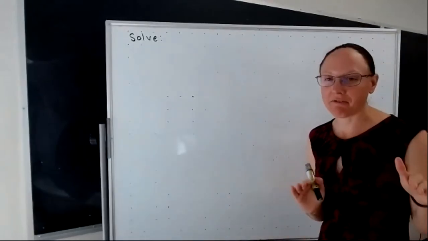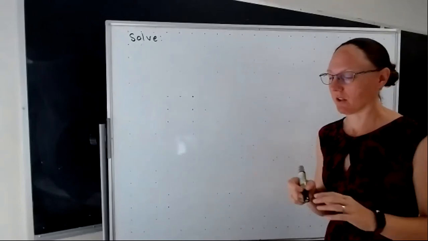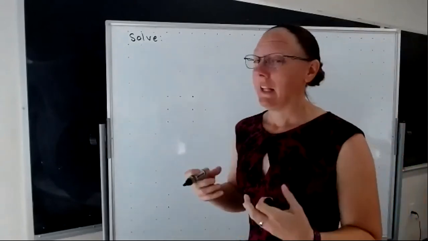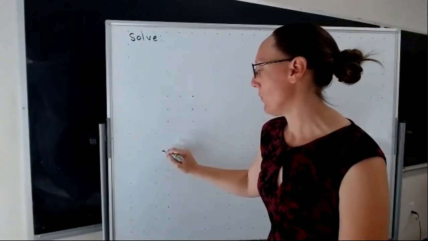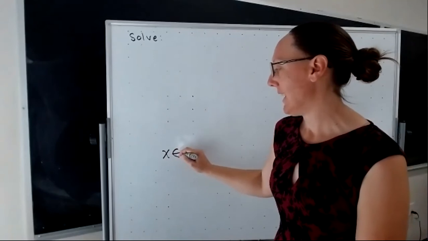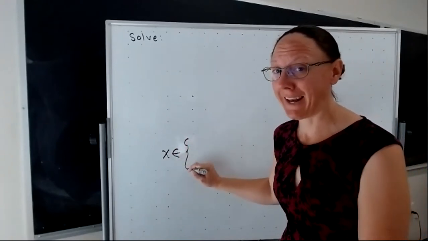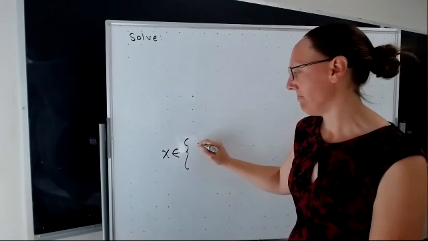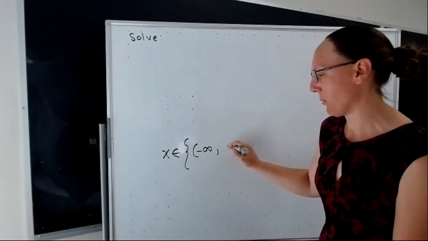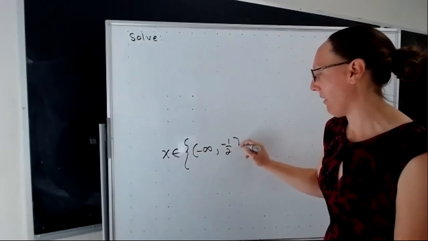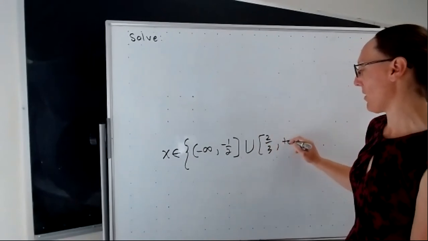If you want to get really fancy with the notation, you don't have to, but the full notation for your solution would say X is an element of the set of numbers between negative infinity and negative 1/2 union 2/3 to positive infinity.